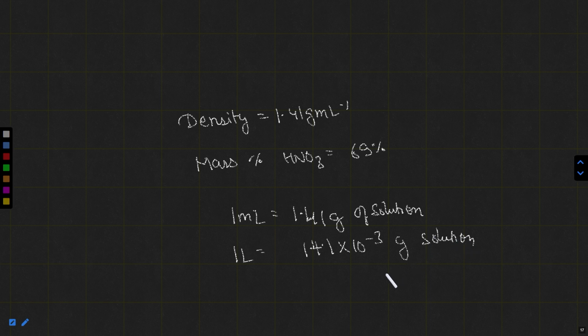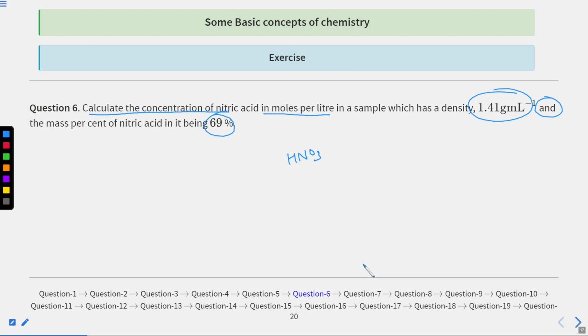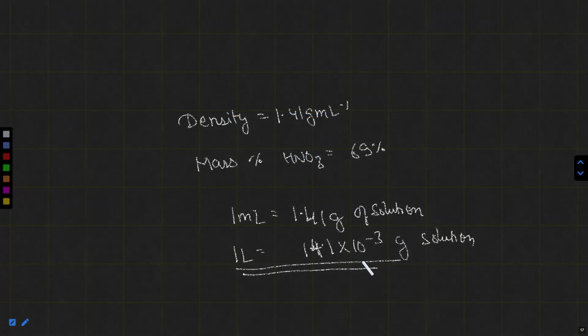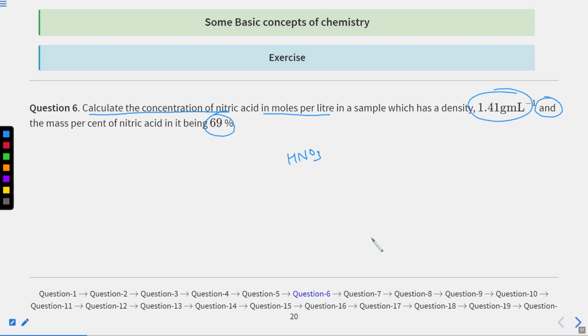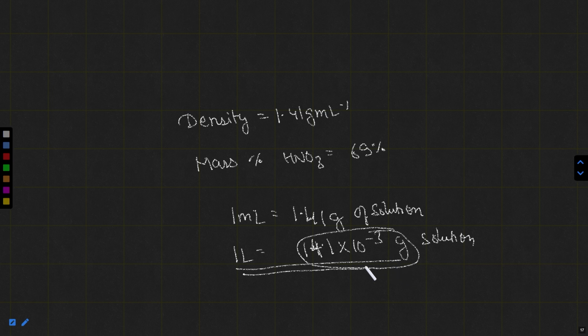Isn't it? So in 1 liter we have this much gram of solution. Now what is it being given? That out of this gram, 69% is HNO3. So we will calculate 69% of this.